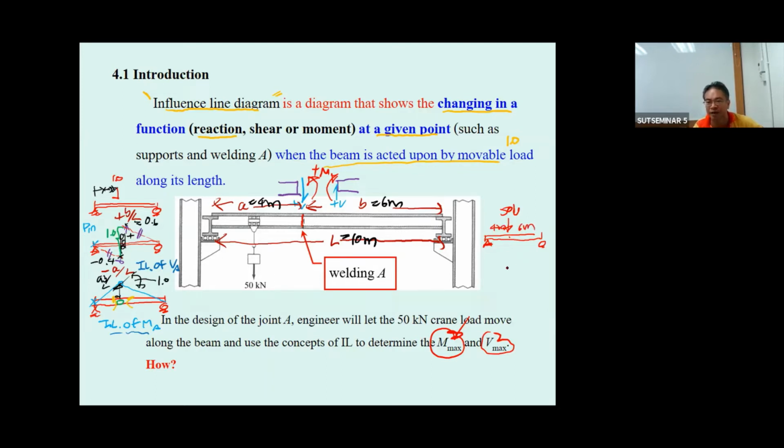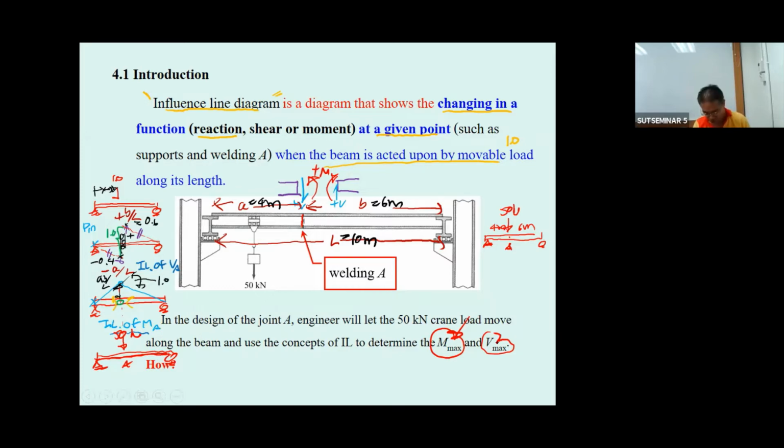This is going to be 6 meter. Again, based upon this one, you also can put what? Put the 50 kilonewton. Since the coordinate max is here, so this 50 kilonewton supposed to be here. By putting the 50 kilonewton at point A, okay, you produce both Mmax and Vmax.